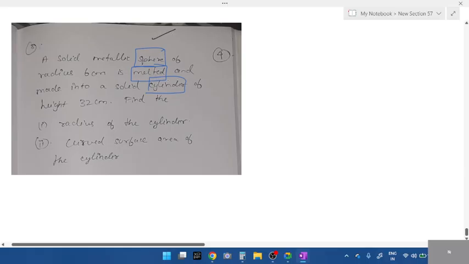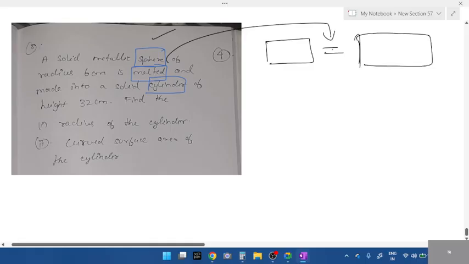Sphere, melted, cylinder. Whenever you melt one object, the volume will be equal. So for melted or transformed, put an equal to sign. Right hand side, cylinder. Simple linear equation. Volume of sphere is equal to volume of cylinder.